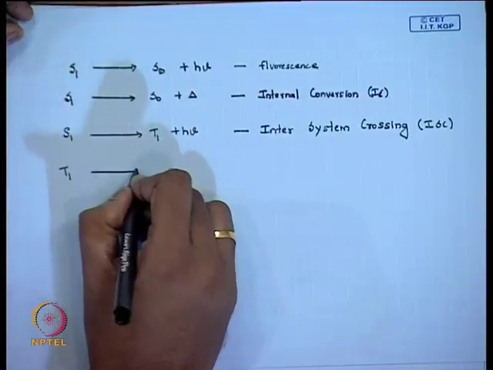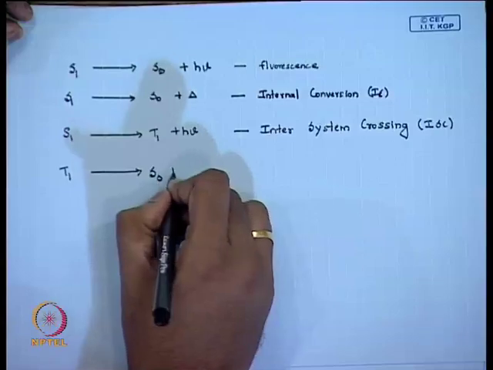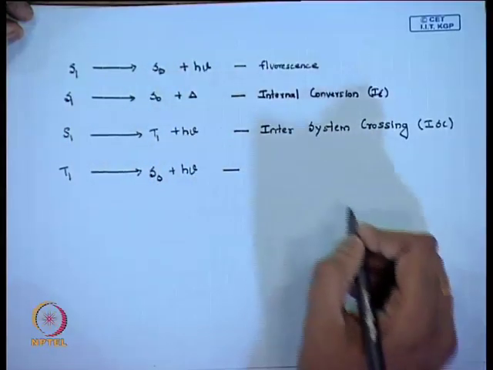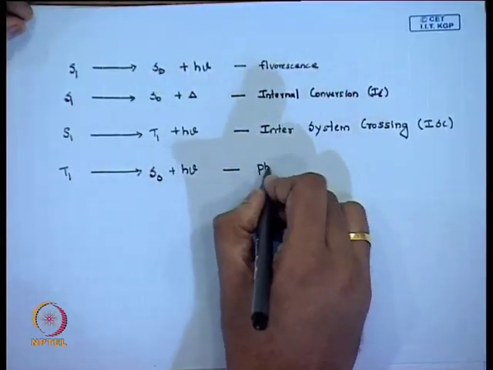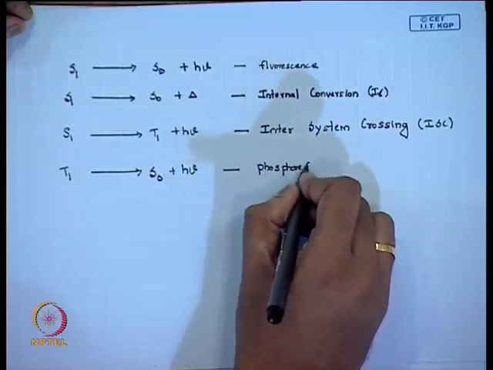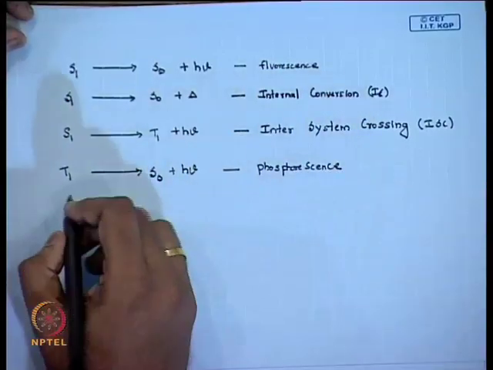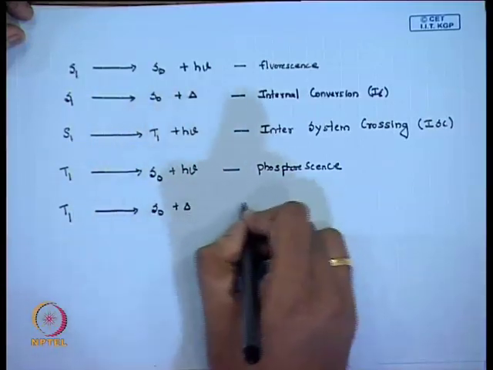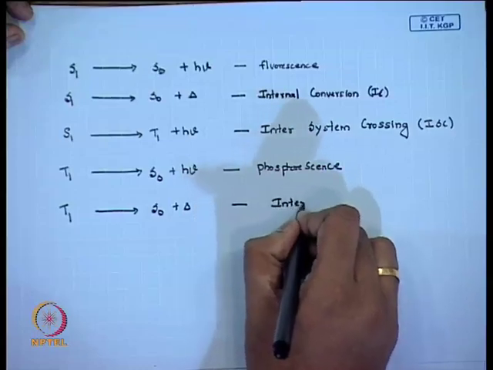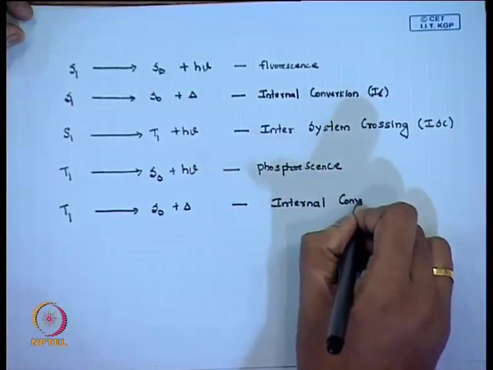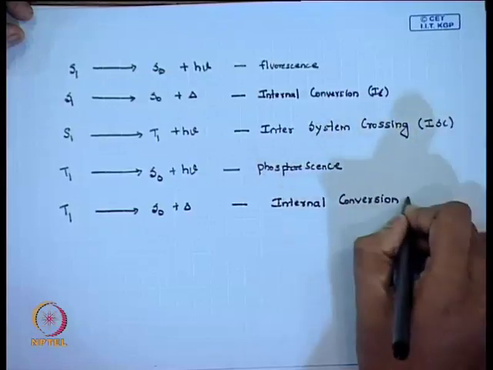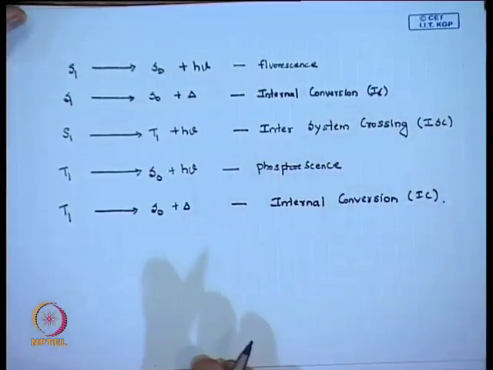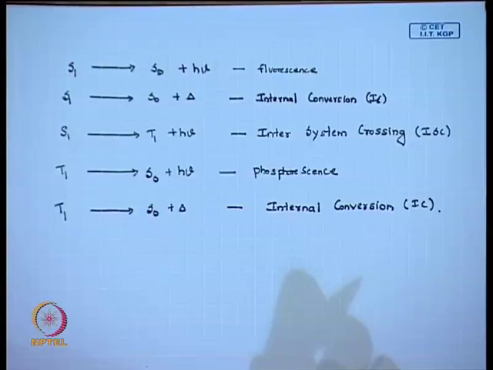Then if you have T1 to S0 by giving out light, you call this phosphorescence, very good. Again, by giving out heat you can call this internal conversion. So, it can do all these types of things, that is clear.